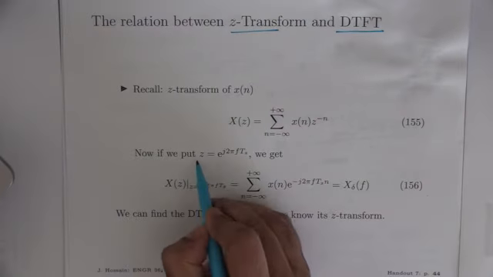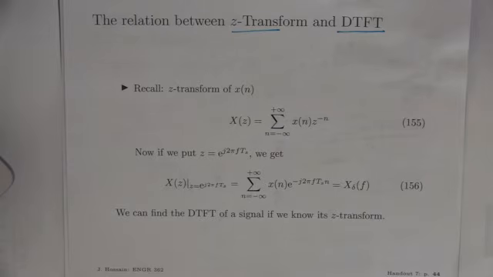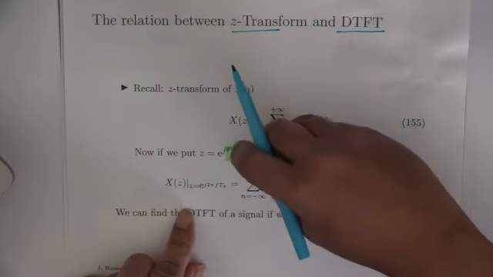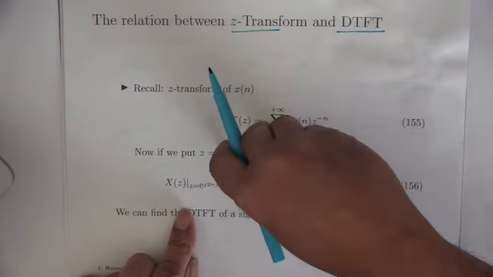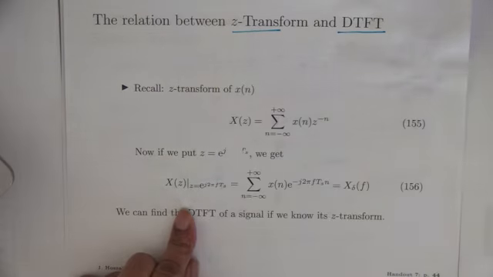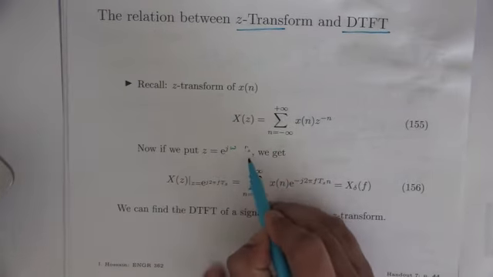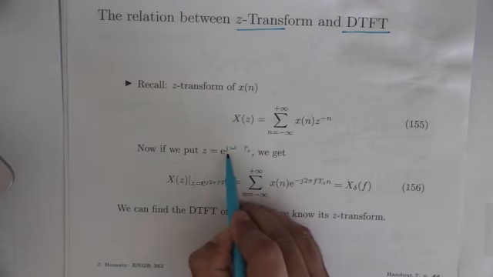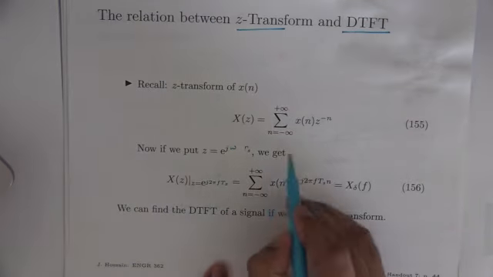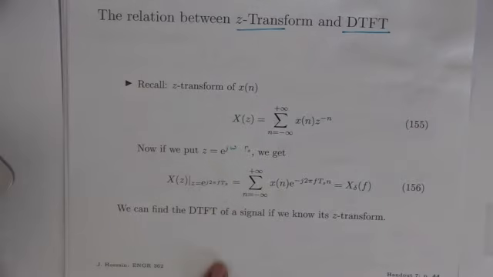So if we put z equal to, I'm sorry, I have expressed it in terms of frequency, but I usually will do it in terms of omega. So if we have z equal to e to the j omega, and we plug that in, what we get is like this.